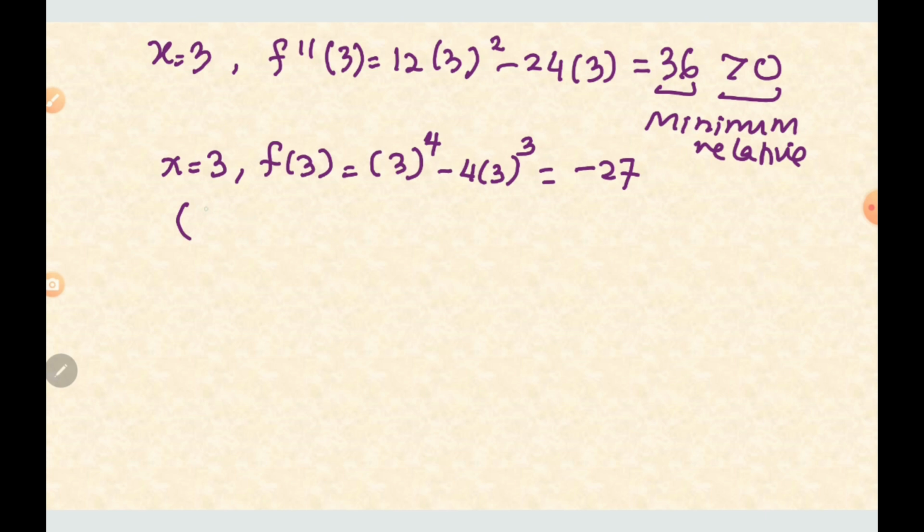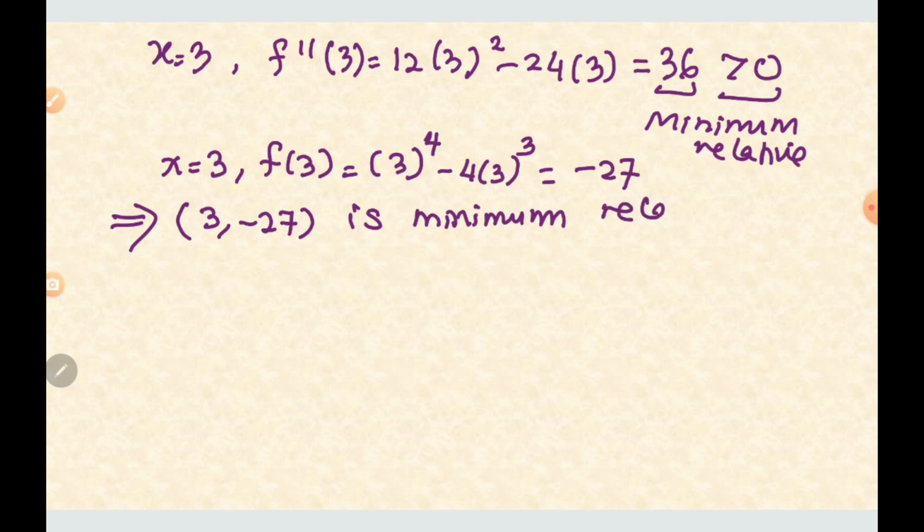So the result is a relative minimum at (3, negative 27).